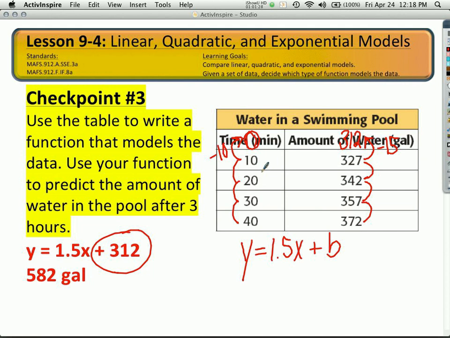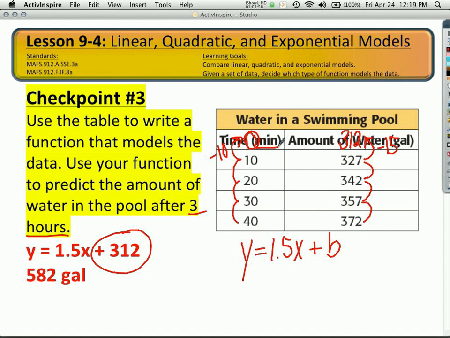Okay, give me a thumbs up if you got it. Yes, go ahead, Mala. I have a question. I got the function right, but I didn't get 565. What did you get? I got 365. Okay. Because you plugged in a 3, right? This is 3 hours. And what is this?